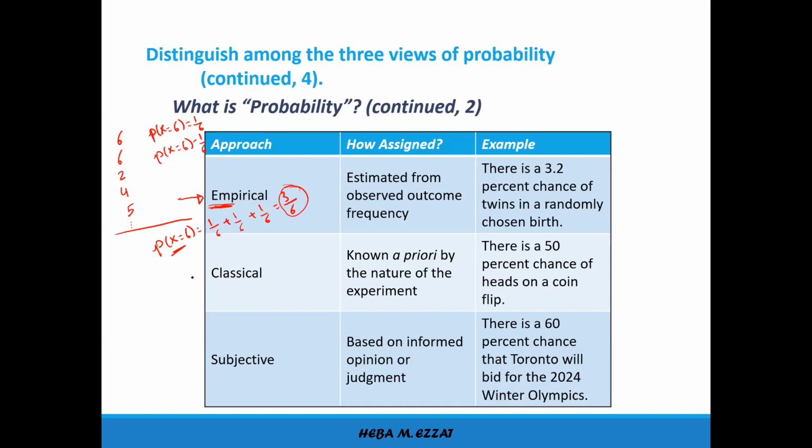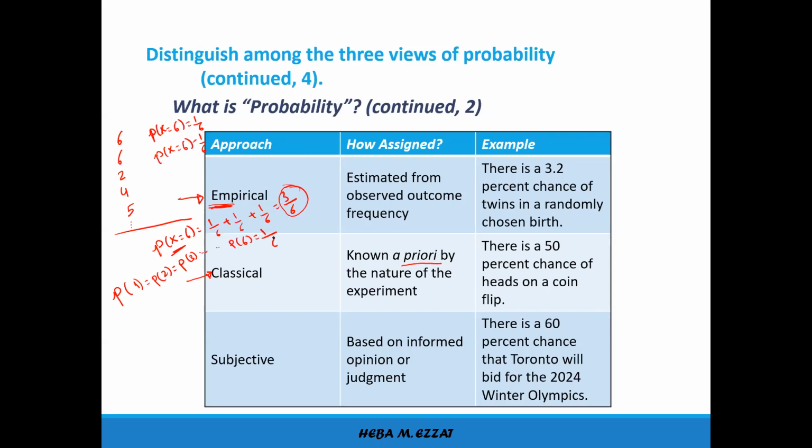The second type of probability is called classical, and by classical we mean the assumed probability, or the a priori probability. We know it in advance. How do we know it in advance? As it's a free, random experiment and the die is fair, the probability of getting 1 equals the probability of getting 2, and the probability of getting 3, up to the probability of getting 6.